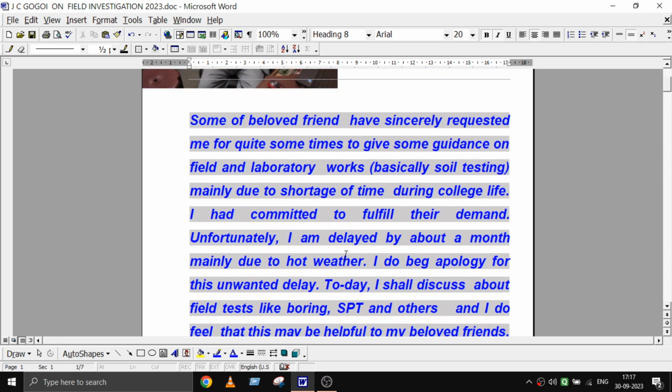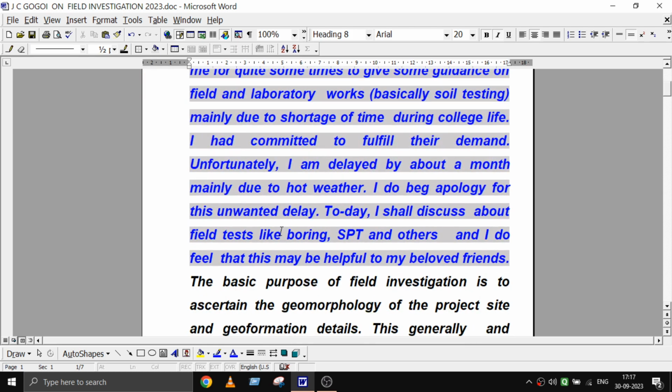Basically, geotechnical engineering comprises three parts. One is field work, where boring, drilling, sampling, and some field tests are done.